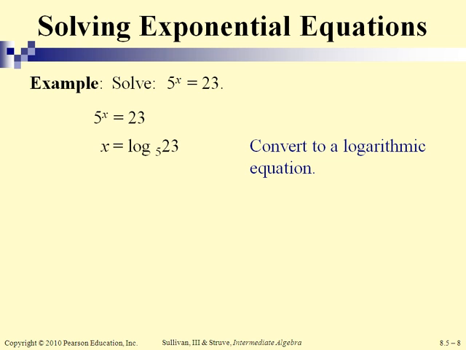This is something that you always have to do: change your base formula, okay? If you have log to the base 5 of 23, I can write it as log 23 over log 5. That means they all have base 10.